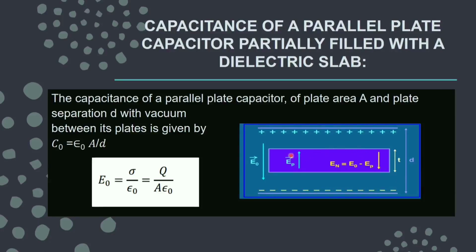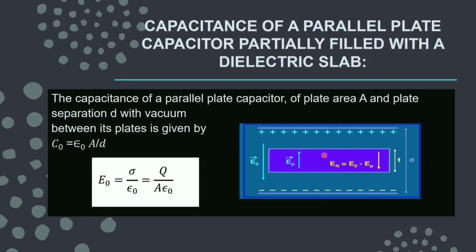In between, you know that the polarized field will be there. On the negative side positive charge will be induced, and on the other side negative charge will be there. So a polarized electric field will be there because of the polarization, and the direction of this polarizing field will be opposite to the electric field due to these two conducting plates. So this is EP.